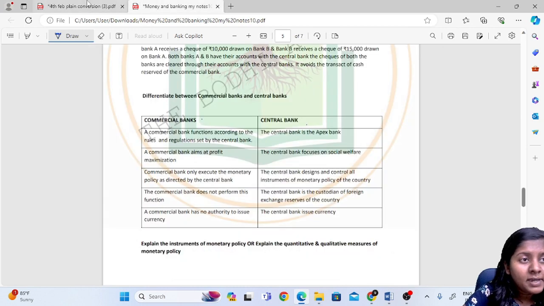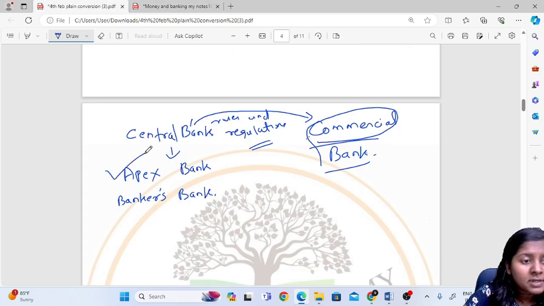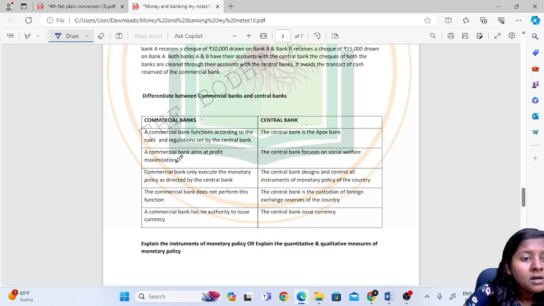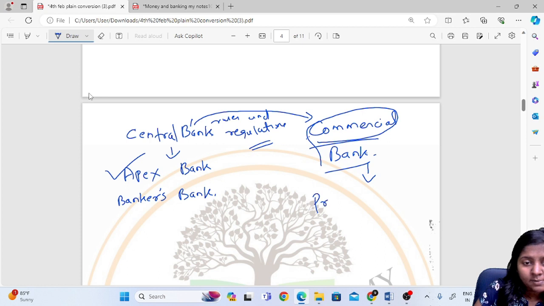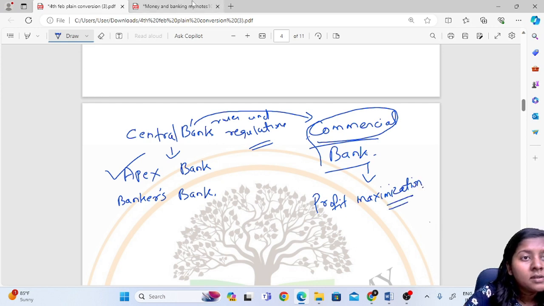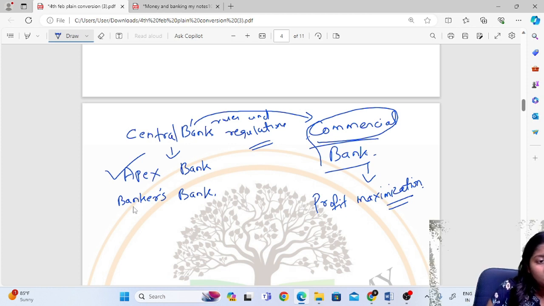The central bank, as I told, is the apex bank. A commercial bank aims at profit maximization; its main motive is profit maximization. The main motive of the central bank is social welfare.